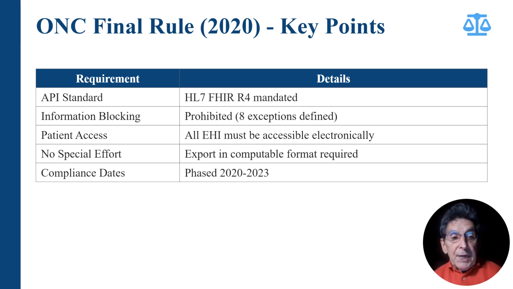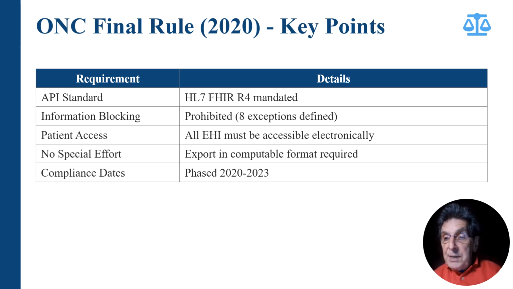Then thirdly, patient access. All electronic health information must be accessible to patients electronically without special effort. No making patients jump through hoops. Fourth, no special effort. Data must be exportable in computable format. Computable means machine readable, not just PDFs, but structured data that applications can process.